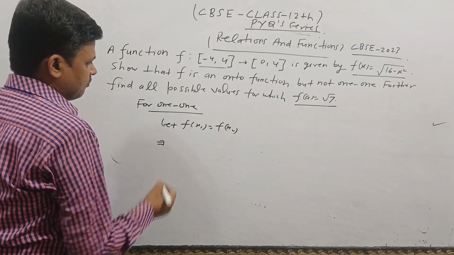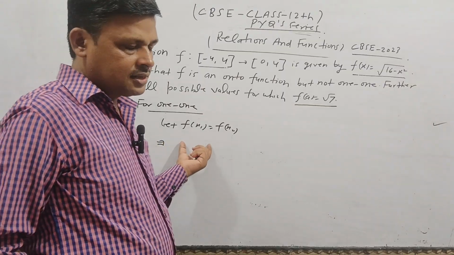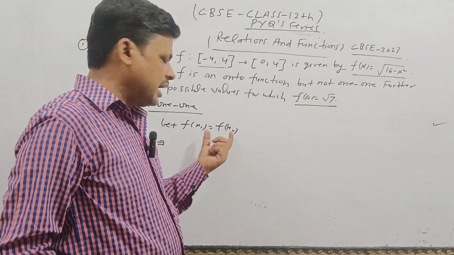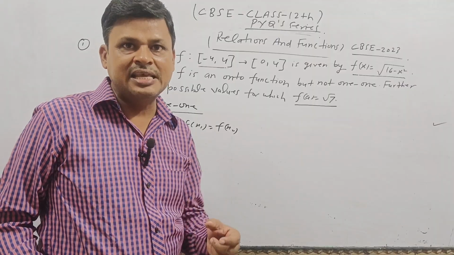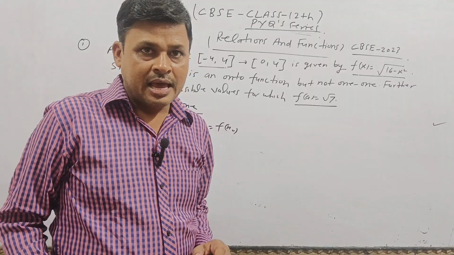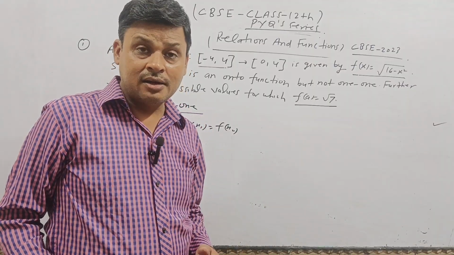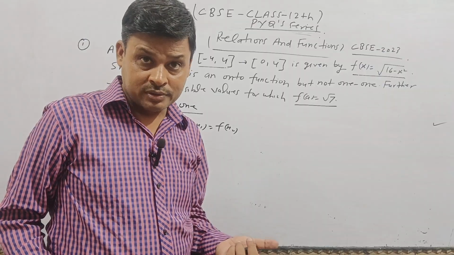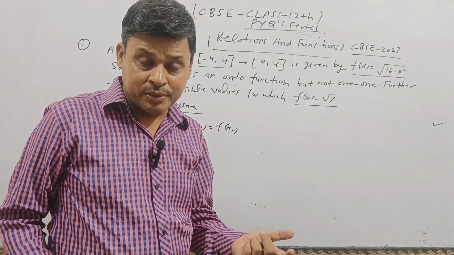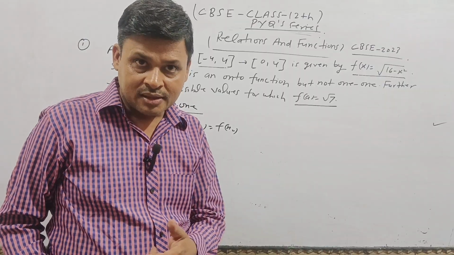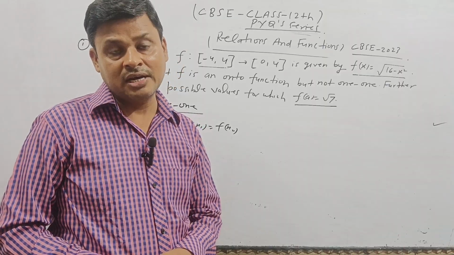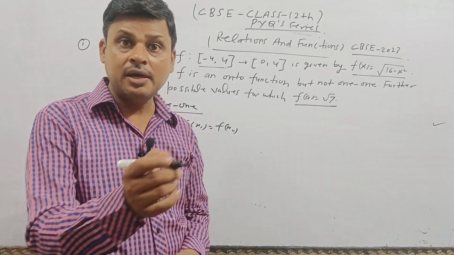It means we have considered two elements x1 and x2 of which the images are the same. If we are able to prove that their respective pre-images are also the same, then we can say that the function is 1-1. Otherwise the function will not be 1-1.